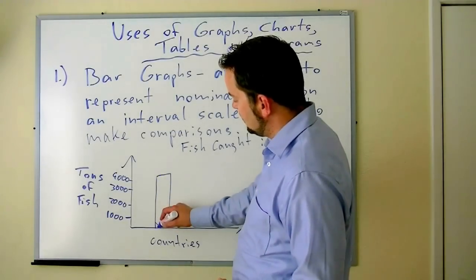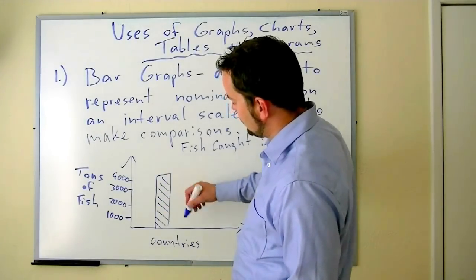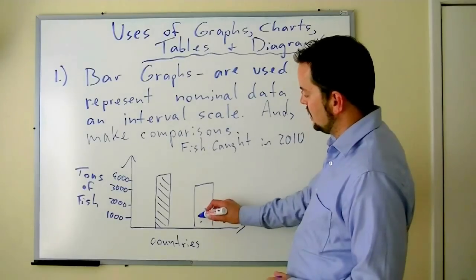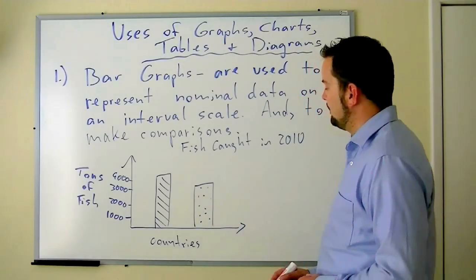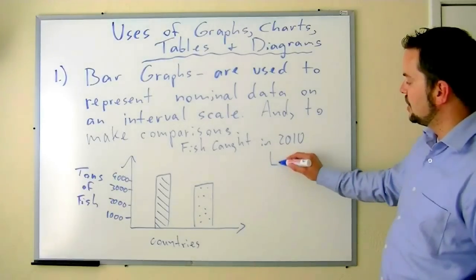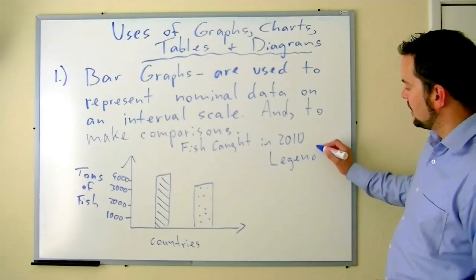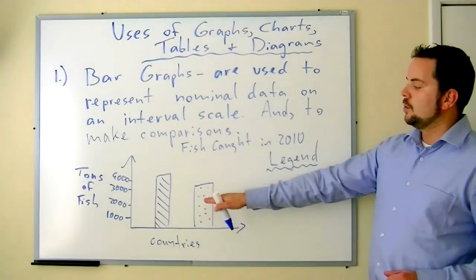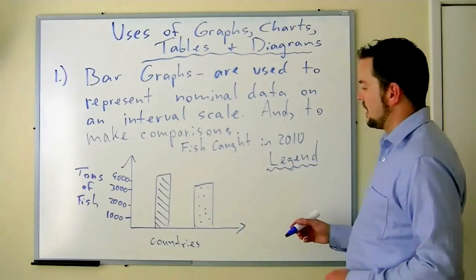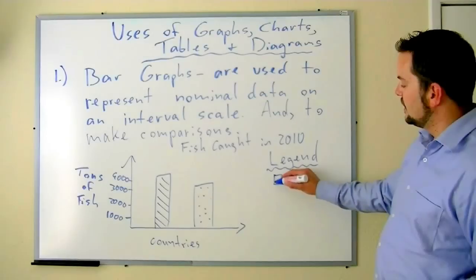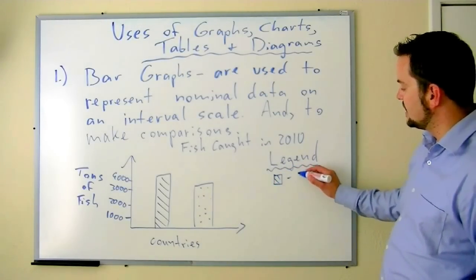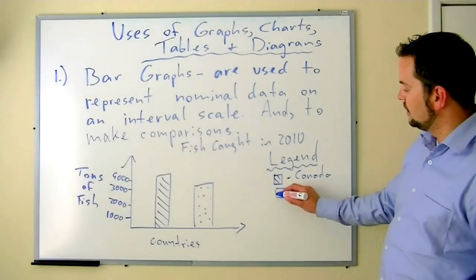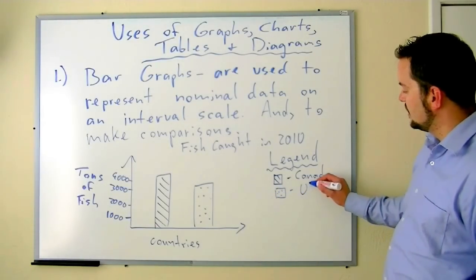One here, which is a striped bar, and another one here, which is a dotted bar. Over here, we'll make a legend. This is something that you might see on maps as well that describes what each type of bar is representing. So let's say the striped bar represents Canada and the dotted bar represents the USA.